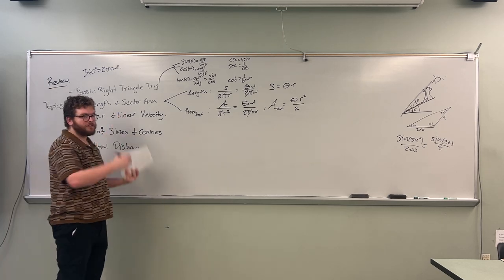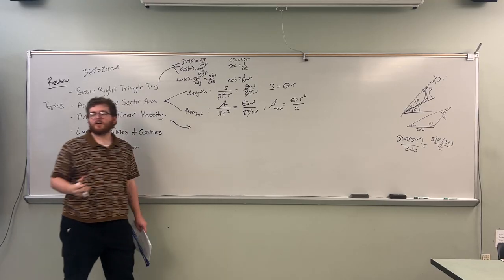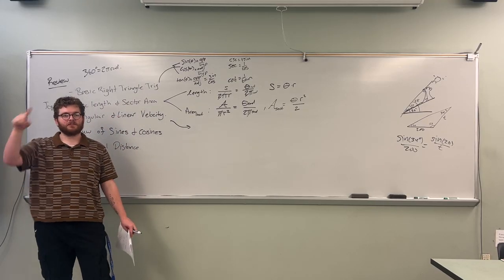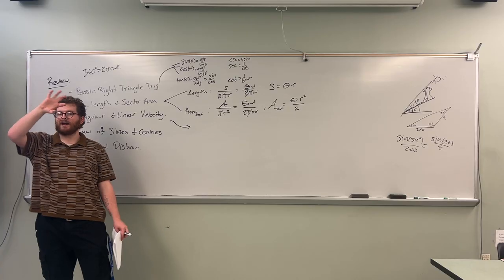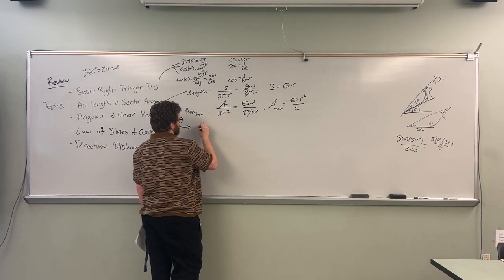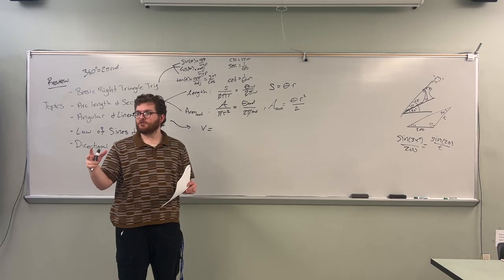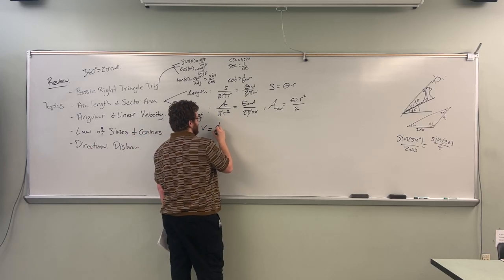Angular and linear velocity tie right into that. Remember, when we're talking about linear velocity, we're more specifically talking about moving around the arc length. So velocity as a whole is equal to the distance you travel divided by time.